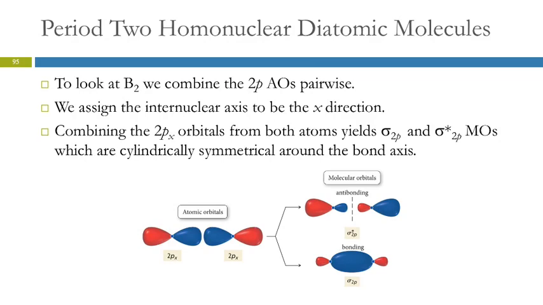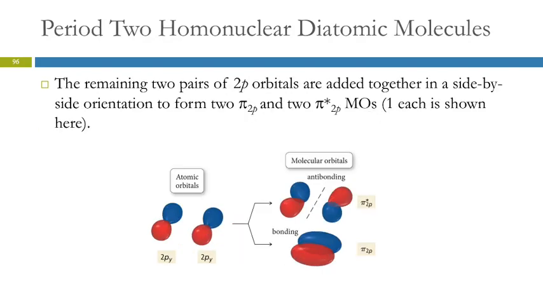But then there's 2 other p orbitals, so what do those do? And again, this is sigma because it's symmetrical. If you were to stand at this end and look down, it would be spherical, right? It's symmetrical. Well, the other 2 pairs of orbitals are parallel to each other. And so here we have the py and the py on 2 different atoms.